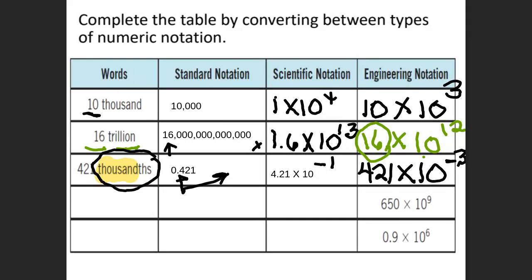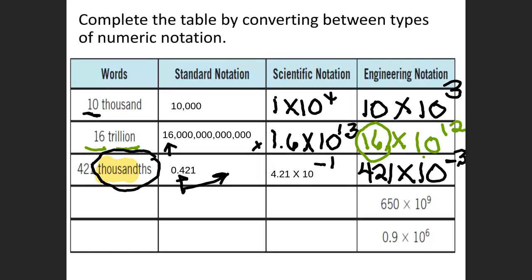And I'm going to finish up these two and then I'll call it good. This is 650. Now, 10 to the 9th power, how many zeros? If I have 1 and 9 zeros, what do I have? I have billion. A billion has 9 zeros.